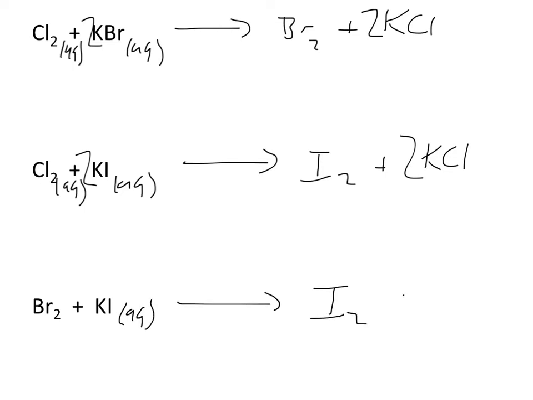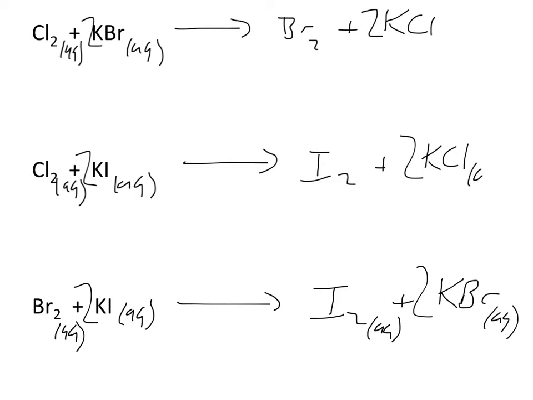So here's the iodine forming, and KBr made two of those, and it does worry me because I've forgotten some state symbols here, which is very shoddy work. Everything being done in aqueous solution.